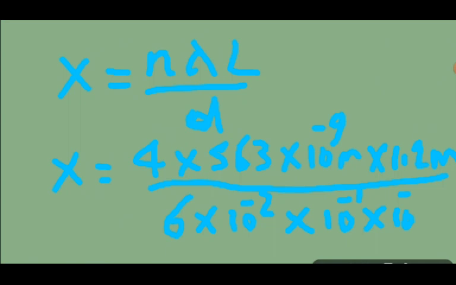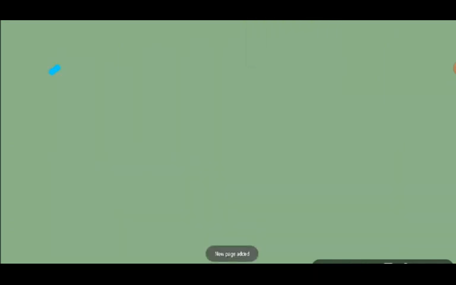Now it becomes meter. So multiply them together using a calculator, and the final result is x equal to 450.4 times 10 raised to minus 4 meter.